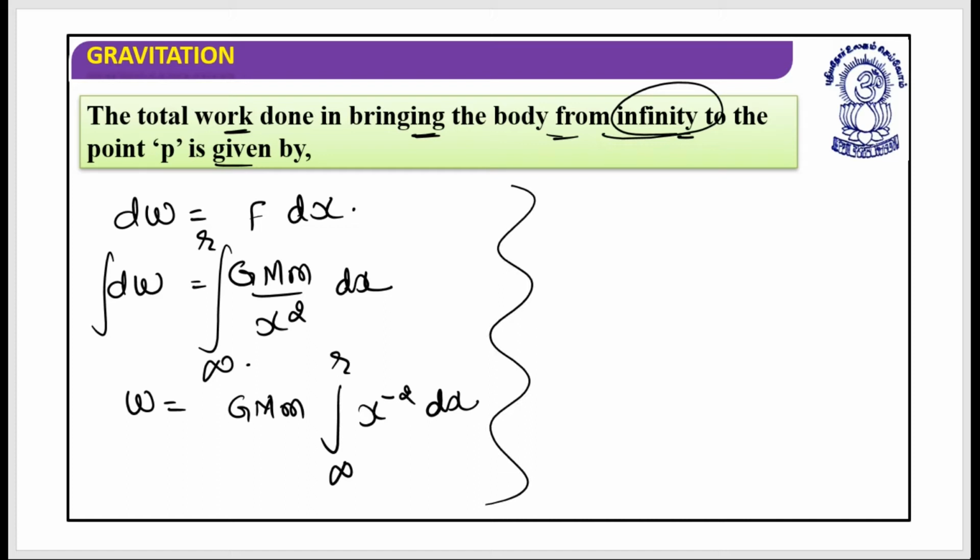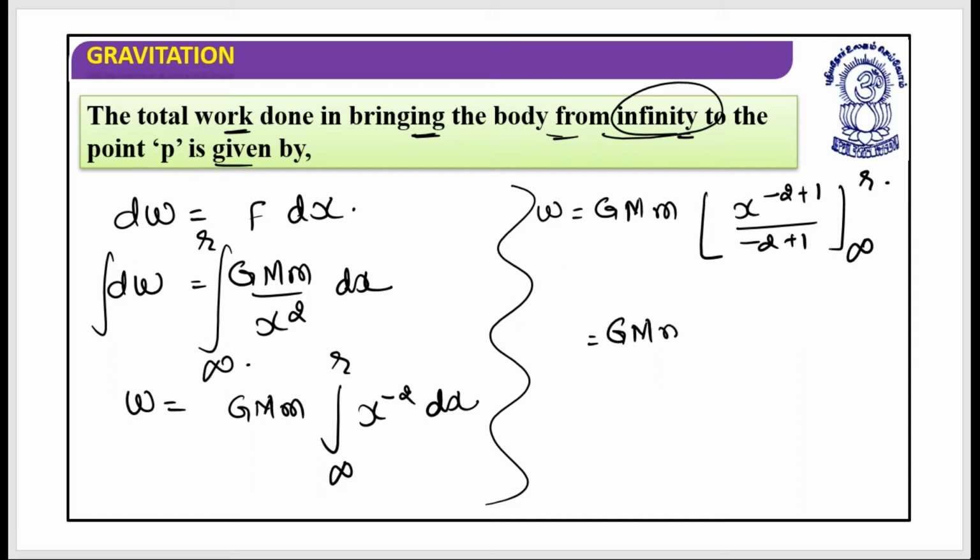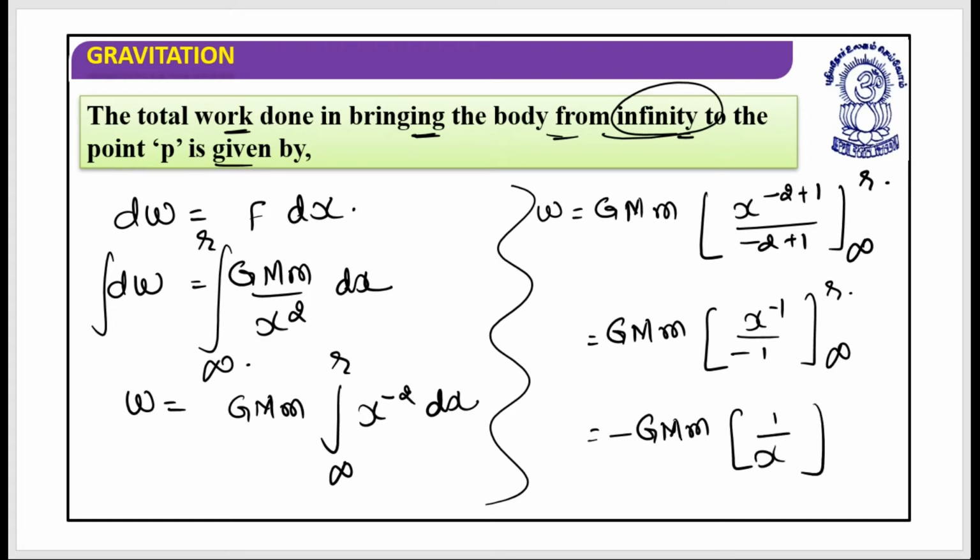So the work done equals GMm into the bracket of x to the power minus 2 plus 1 divided by minus 2 plus 1, from infinity to R. That is minus 2 plus 1 equals minus 1, so x to the power minus 1, from infinity to R. This will be minus GMm into the bracket of 1 by x from infinity to R. So the work done equals minus GMm into the bracket 1 by R minus 1 by infinity. I hope this is clear.